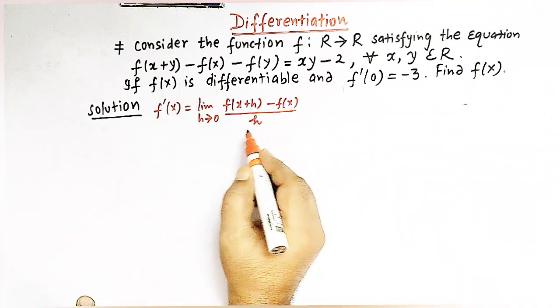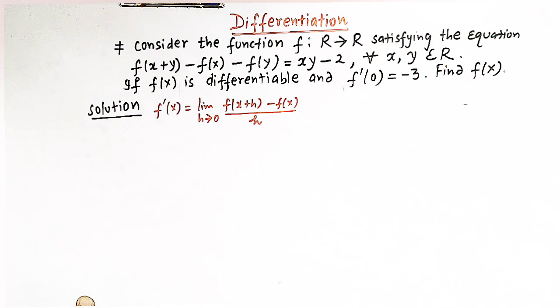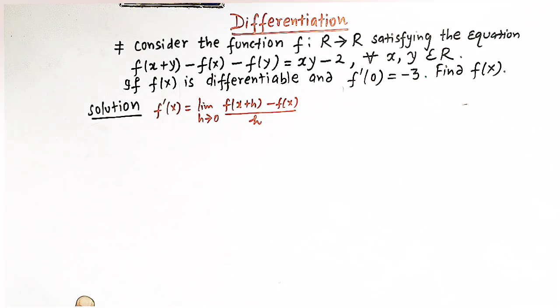So this definition of the derivative is sometimes also known as the first principle, right? And here h is infinitesimally very small, and remember, h is a positive quantity, right?